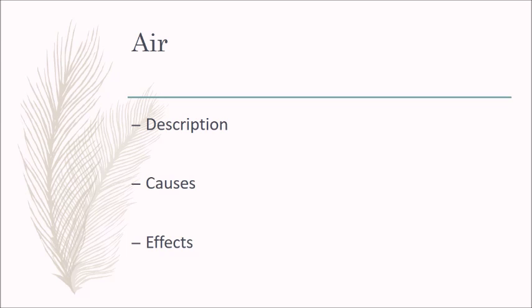Pollutants are classified as primary or secondary. Primary pollutants are usually produced from a process, such as ash from a volcanic eruption. Other examples include carbon monoxide gas from motor vehicle exhaust, or the sulfur dioxide released from factories.